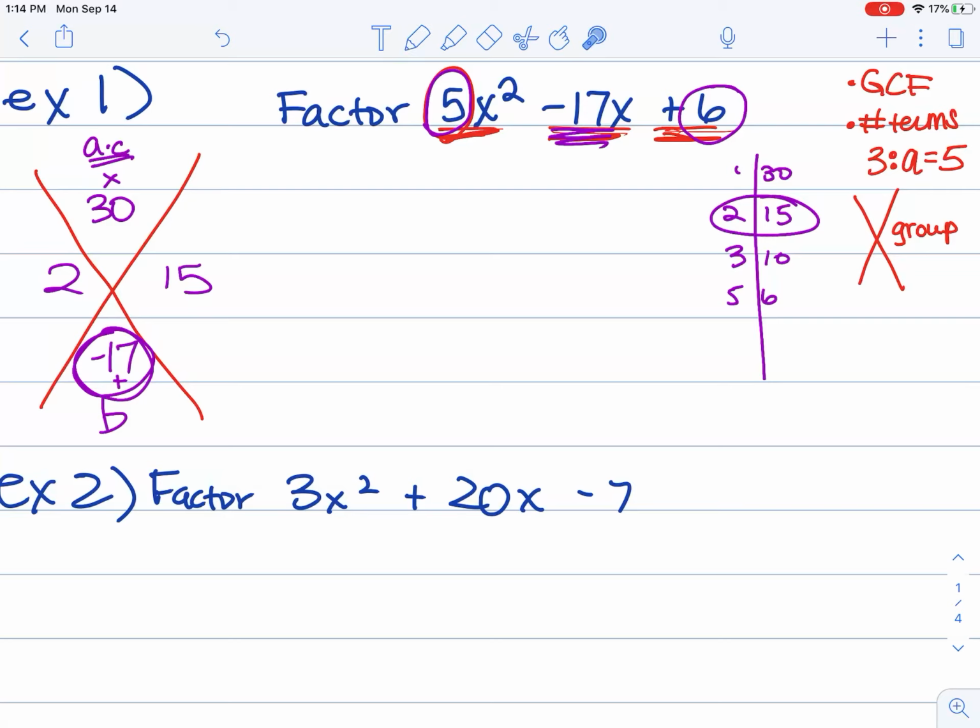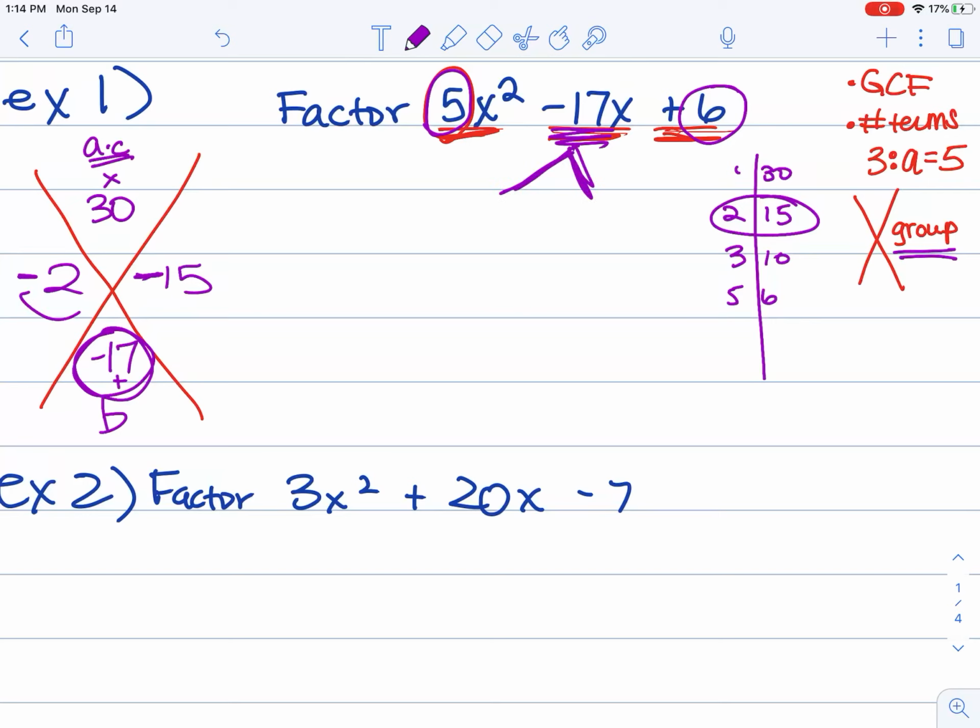We know that 30 is positive and 2 times 15 is 30, but 2 plus 15 is not a negative 17. So we have to adjust those signs. So we know negative times negative is a positive here, that works. And negative 2 and negative 15 equals negative 17 here. Okay, so now this is where the grouping comes in.